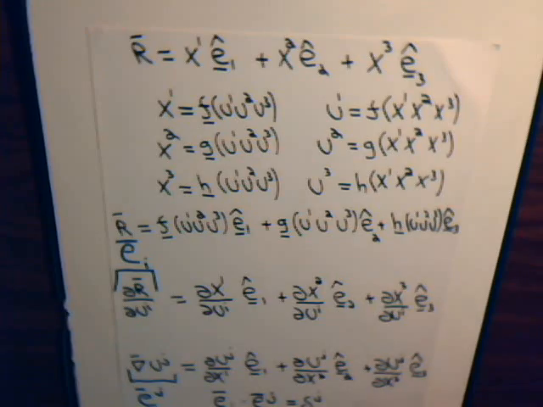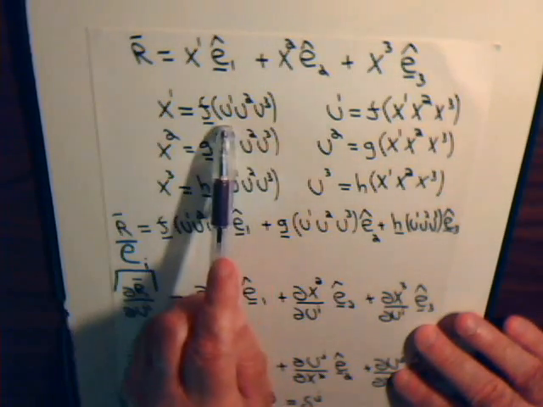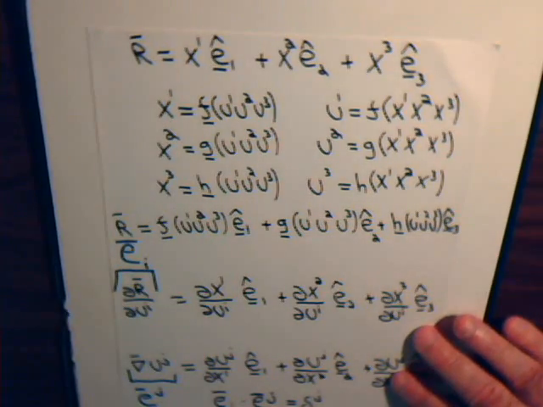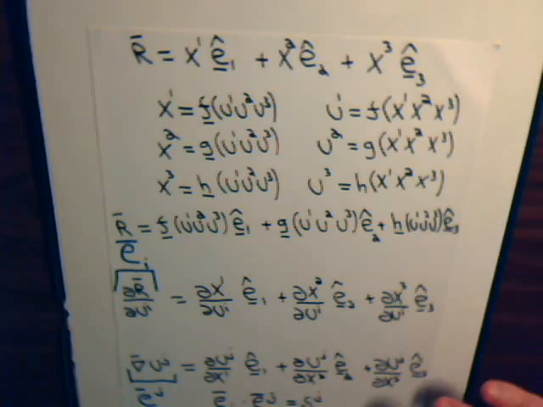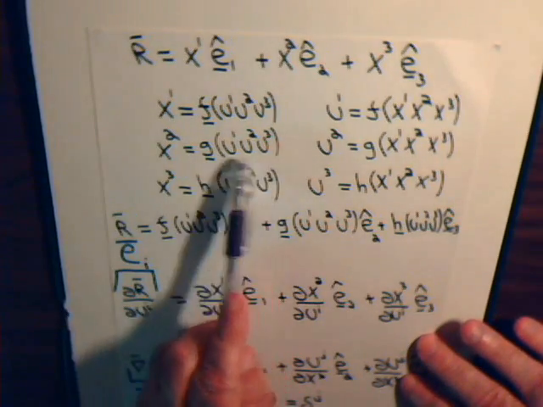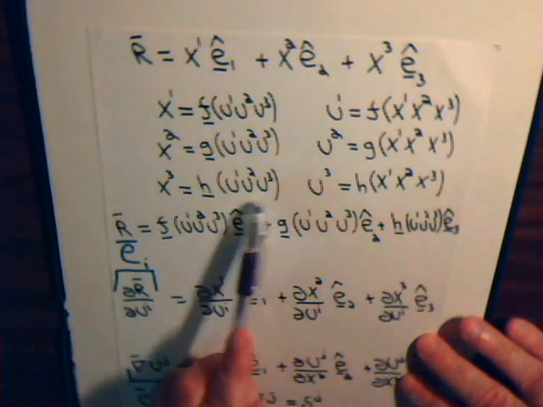so that if we know what the three curvilinear coordinates are, then we can figure out the Cartesian coordinate x1. It's some function of them, and likewise x2 is a different function of these curvilinear coordinates, and x3 is yet still a different function.